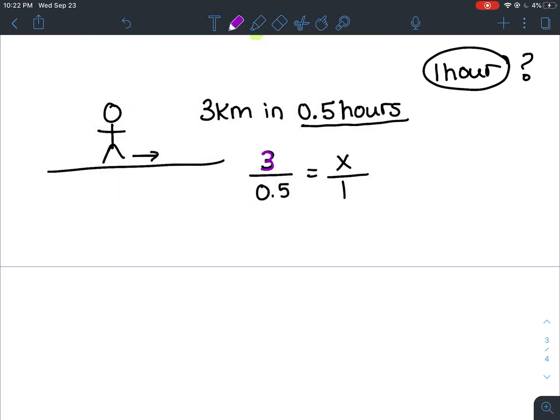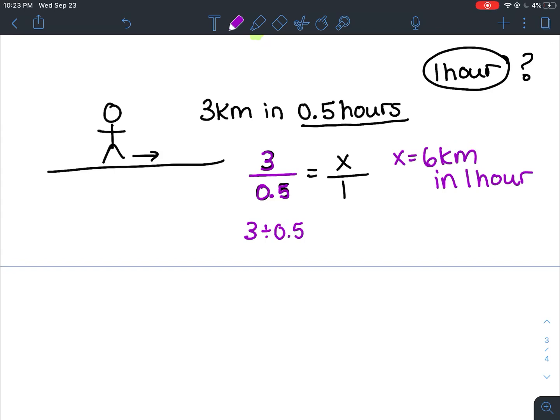You can take 3 and divide it by 0.5, and you'll figure out that that's going to be 6. So that means x is going to be 6 kilometers in 1 hour.